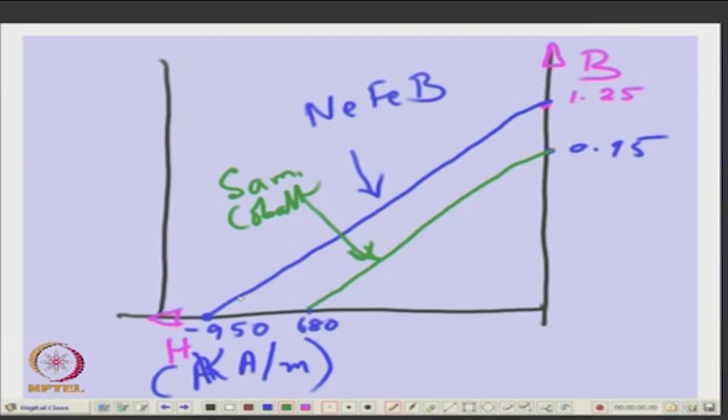Then ceramic, which is low, is around 0.4 going to around 250 or something like that.